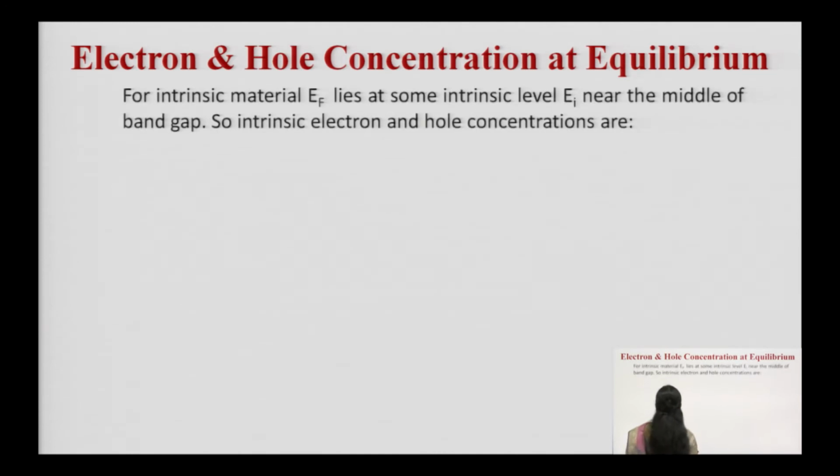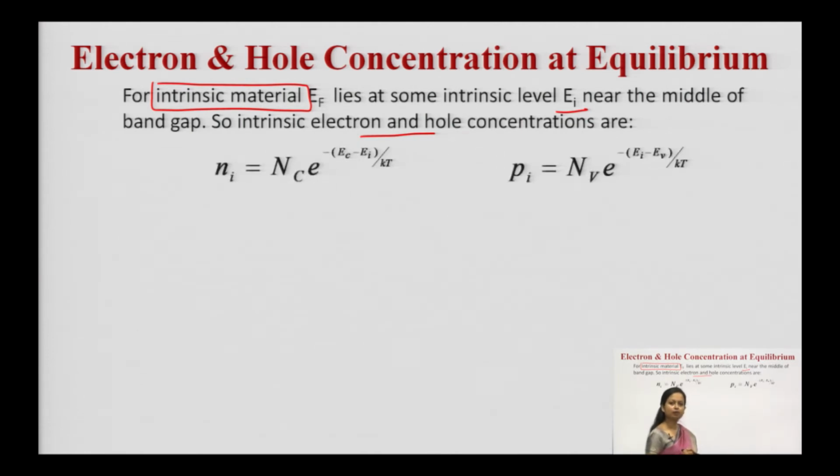Now, if you talk about the intrinsic material, you know that EF lies at some intrinsic level. The intrinsic level must be in the middle of the band gap. Obviously, there is a valence band, there is a conduction band, and the intrinsic level lies between them, because in the case of intrinsic semiconductors, the concentrations of electrons and holes are equal. So, how to write the intrinsic electron and hole concentration?